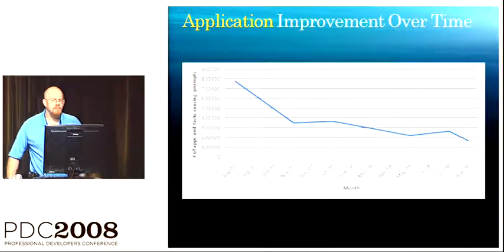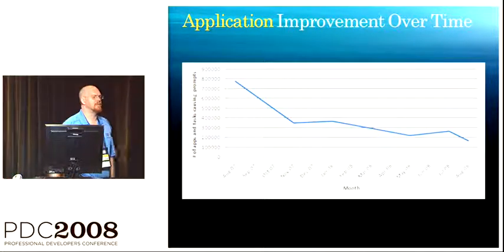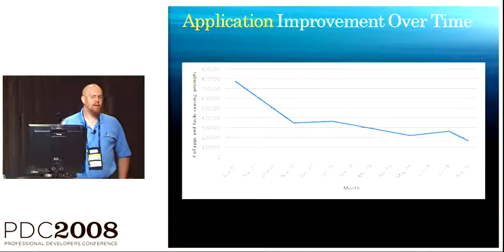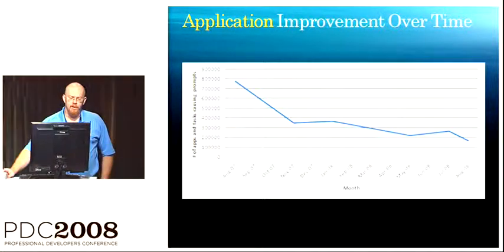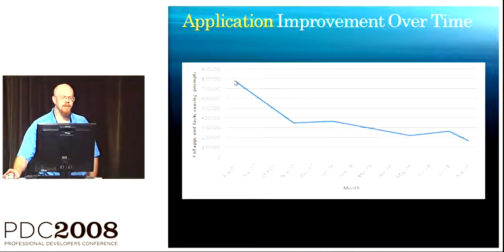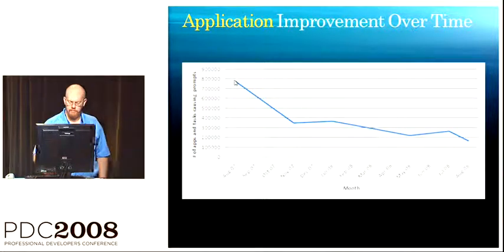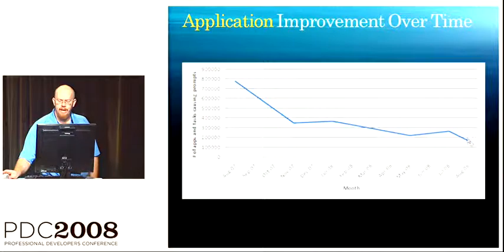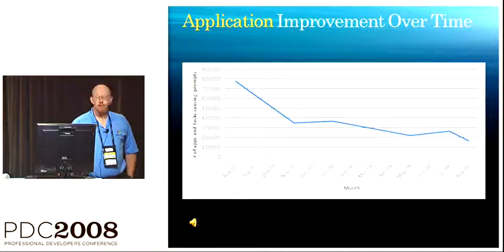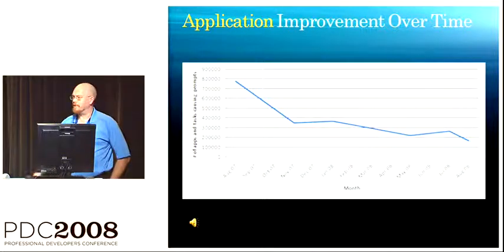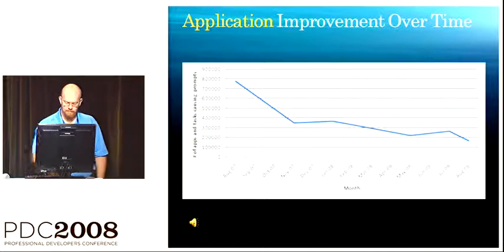This data shows the number of unique applications reporting having caused UAC prompts. In August of 2007, it was nearly 800,000. And by August of 2008, it's below 200,000. So thank you all for improving your applications and making this situation better.